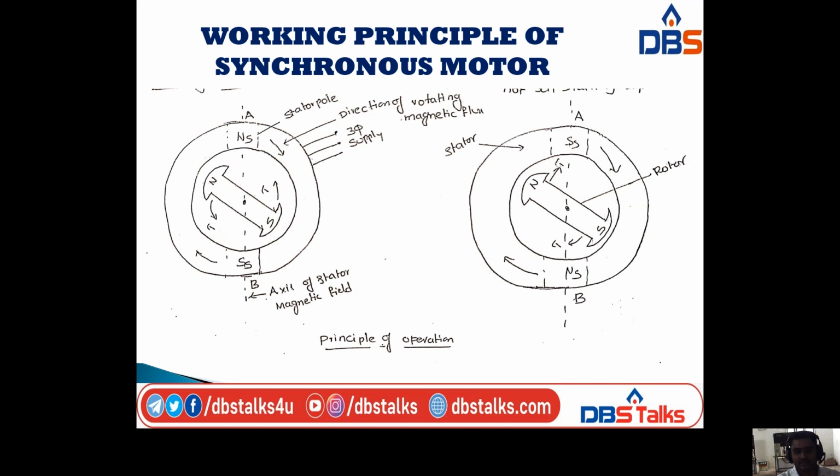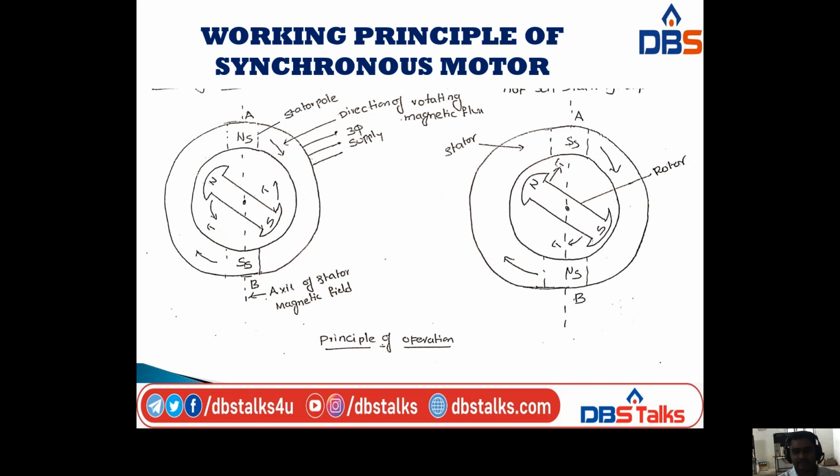Here I am taking two poles, N_S and S_S. Here we are taking the rotor, considering two poles, north and south. The N_S and S_S are the stator poles. If you observe, we have arrow marks, directional marks, which show the direction of the rotating magnetic flux.